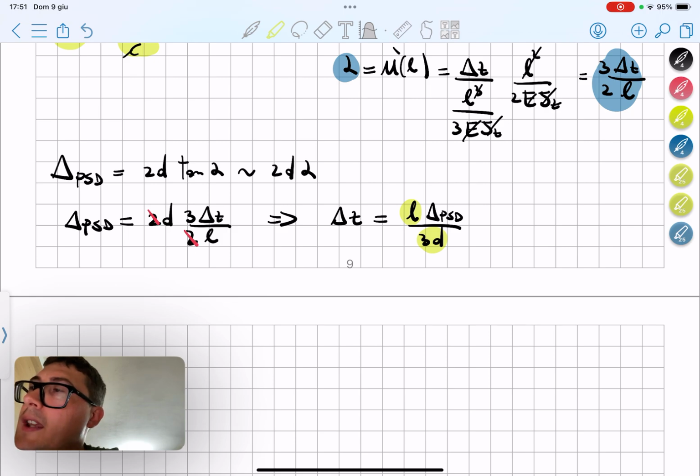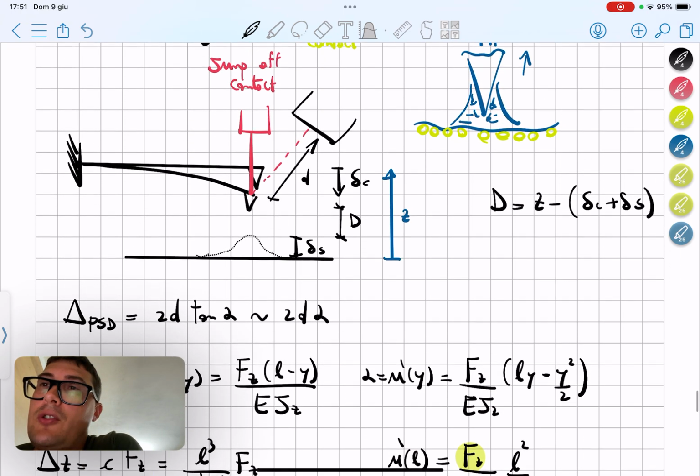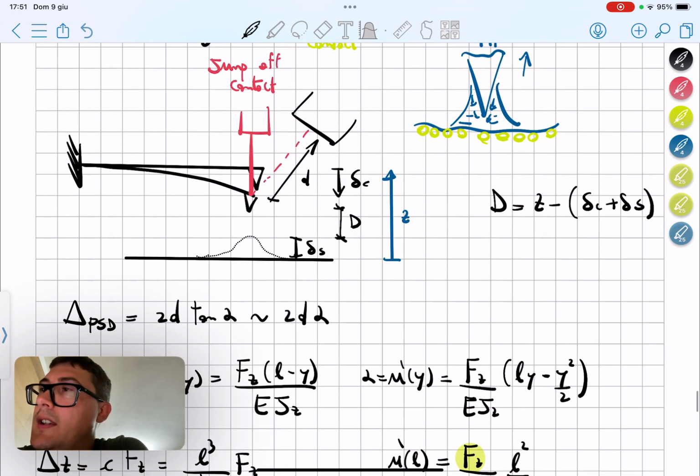Therefore, by measuring this delta PSD, we are effectively capable of determining this delta z, the deflection of the cantilever in this picture above. So this quantity is what we can measure by measuring the delta of the PSD.